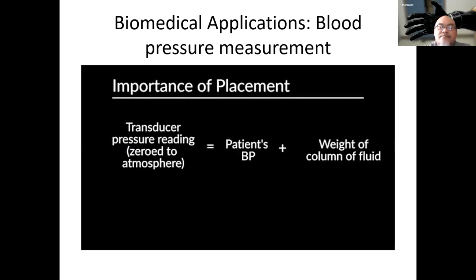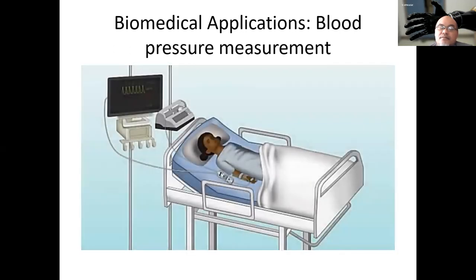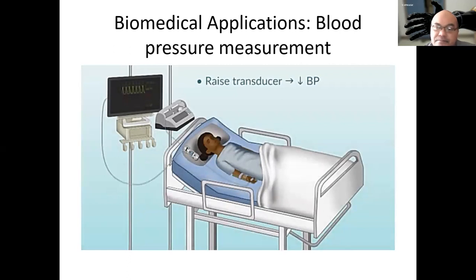And obviously, if I lower it even further, I'm going to increase the weight of this column of fluid, then the pressure is going to be even higher. By the same token, if I take the transducer and put it up here, I'm going to lower the patient's arterial pressure by a quantity equal to this column of fluid, but in the other direction.